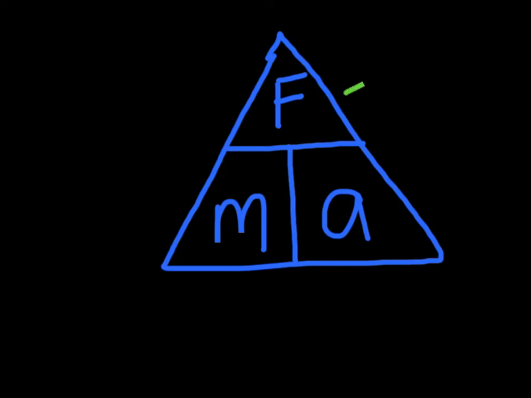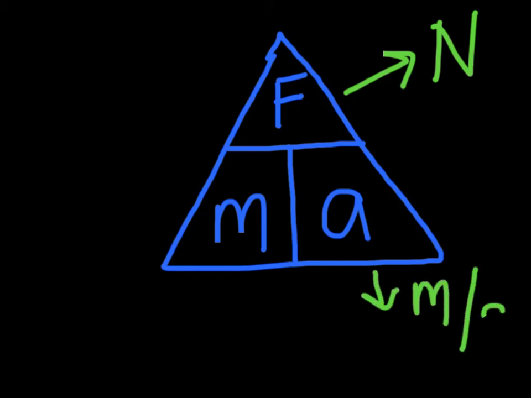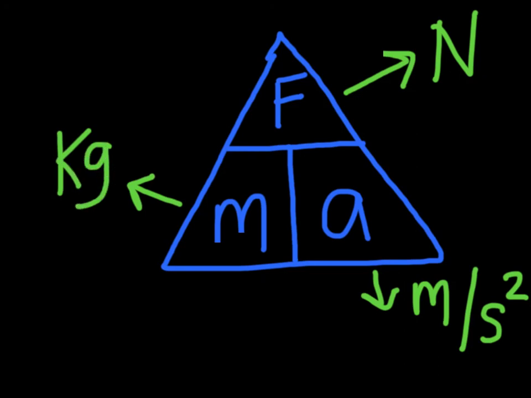Remember that force is measured in newtons, acceleration is measured in meters per second squared, and mass is measured in kilograms. To use your triangle, cover the thing you're trying to find, and whatever is left tells you what to do.